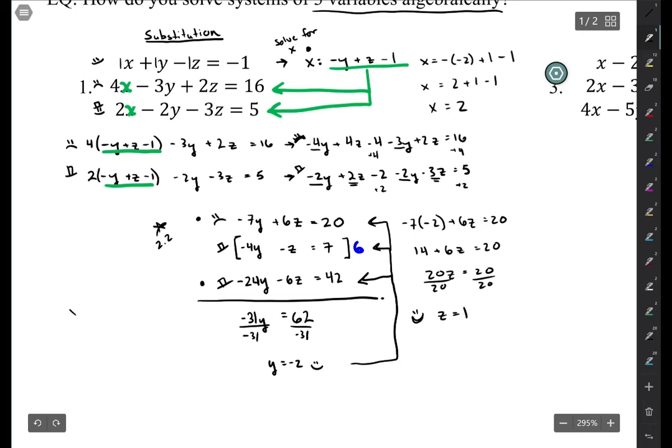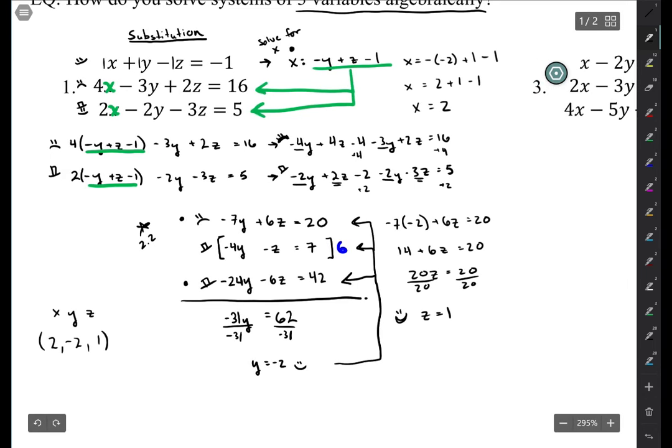So the coordinates are x, y, and z, and you could write them as 2, negative 2, and 1. I know, it's a lot of work, but hopefully after some practice, you'll find it's not too bad. Be careful, a lot of places to make little mistakes, okay? So that's substitution method to start, alrighty?